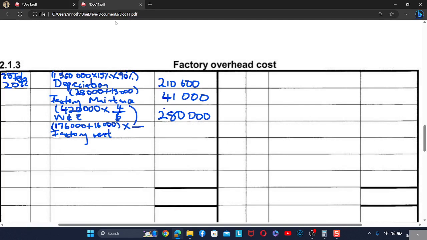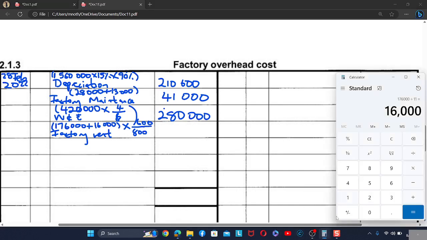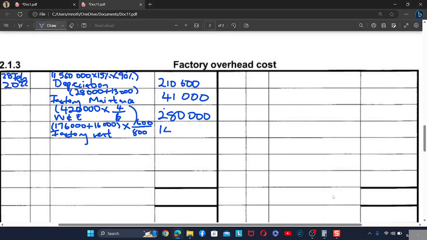So that is 800 square meters, right? While the factory is comprising 600 square meters, which is what we want. So then how much is that? 176,000 plus 16,000 is equal to 192,000 multiplied by 600 divided by 800. That is going to be 144,000. Right?